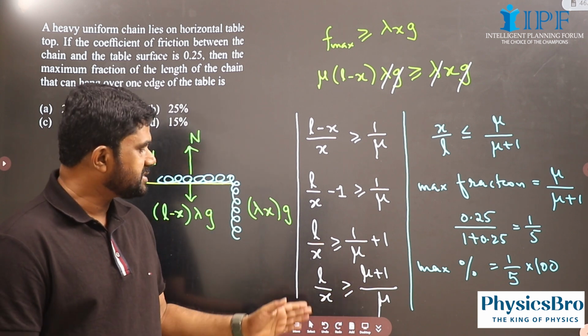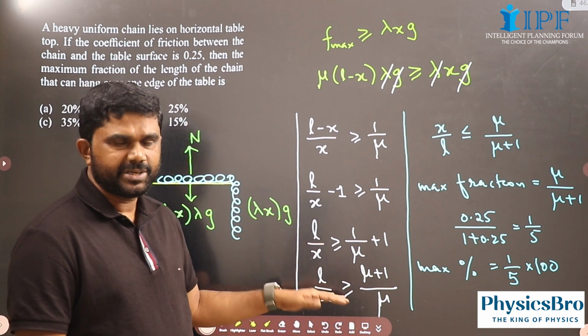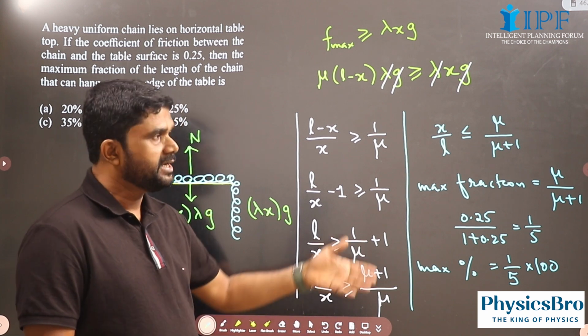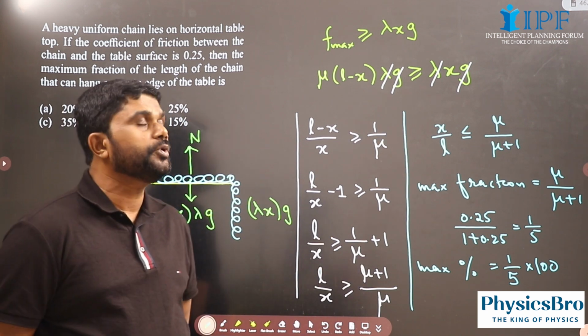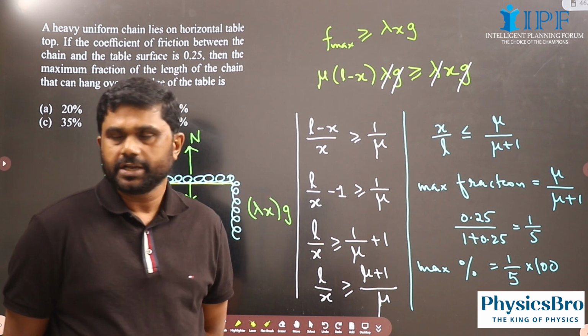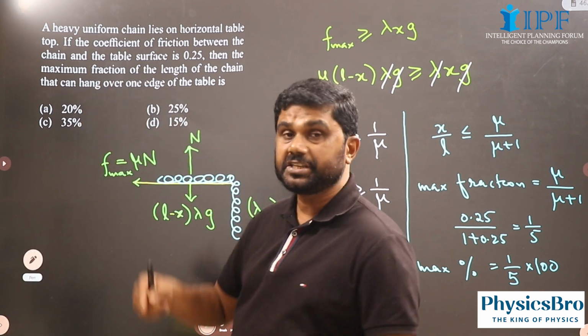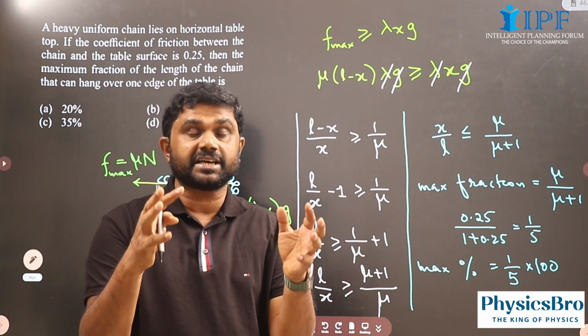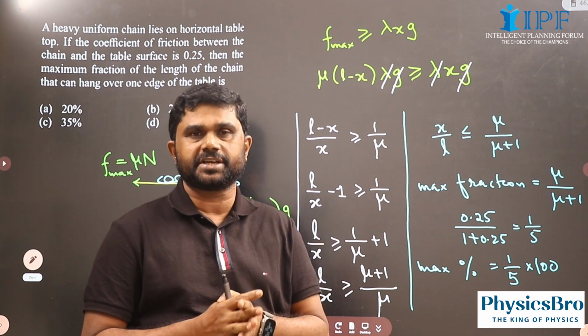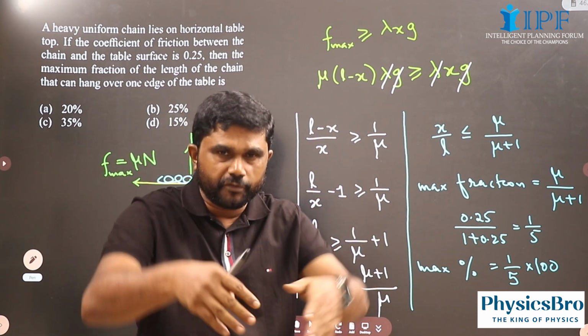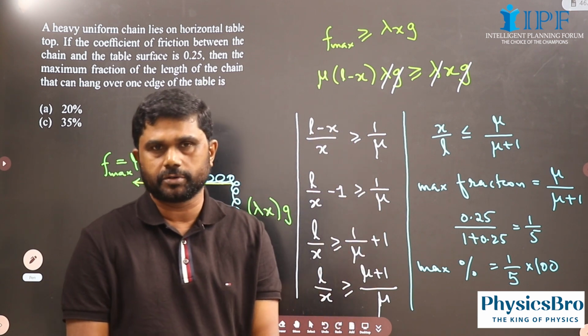And then x by L means it is inverted. x by L is less than or equal to mu by (mu plus 1). We have to find the maximum percentage of length that we can hang over the edge without sliding down.